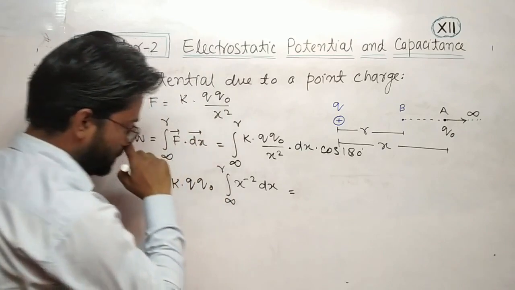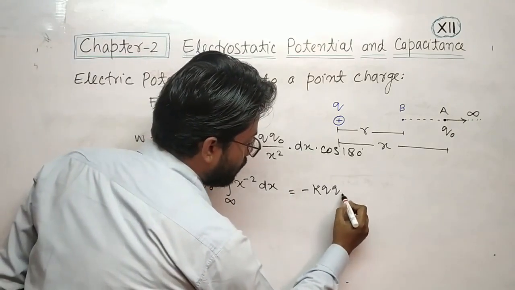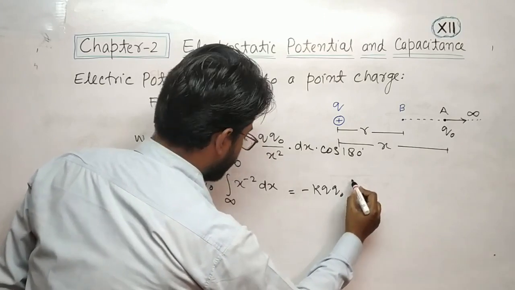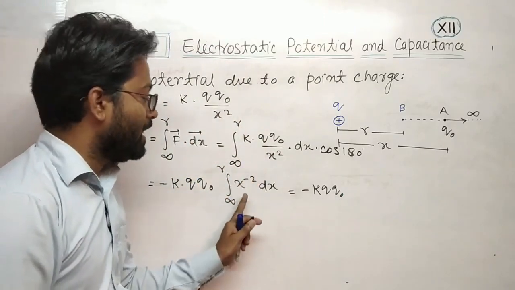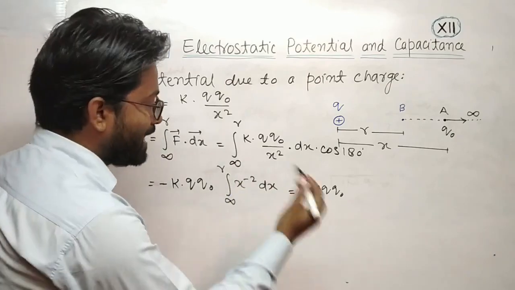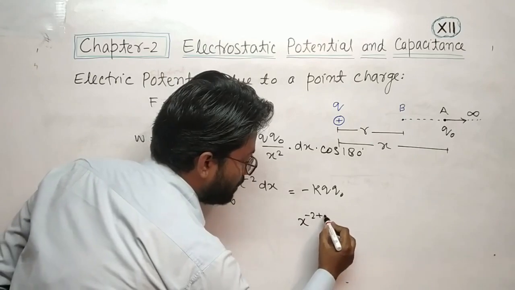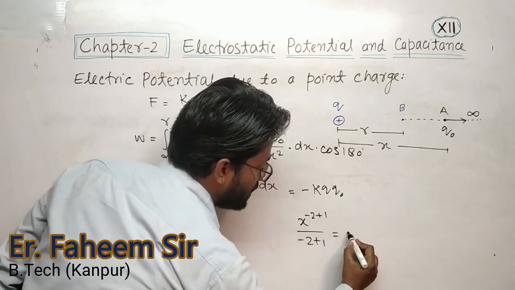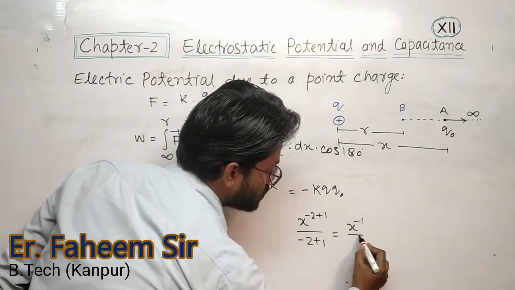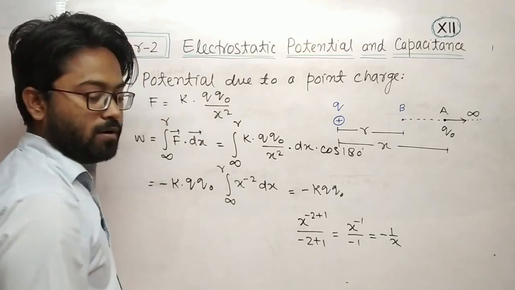That will be equal to minus K Q Q naught integration of x to the power minus 2. Integration of x to the power minus 2 will be x to the power minus 2 plus 1 upon minus 2 plus 1, which is x to the power minus 1 upon minus 1, or we can write minus 1 upon x.